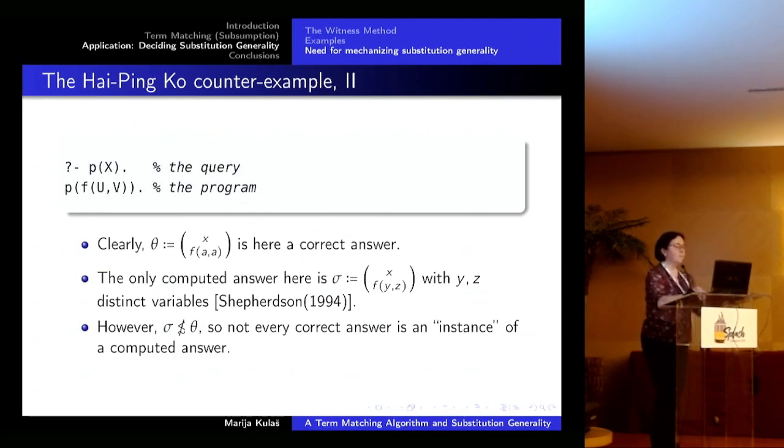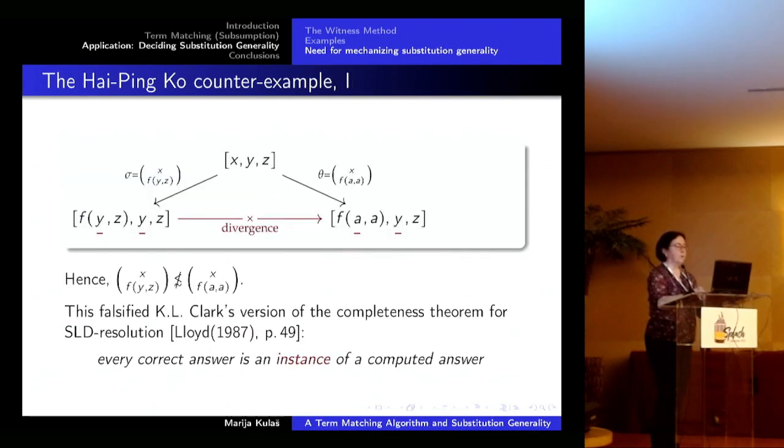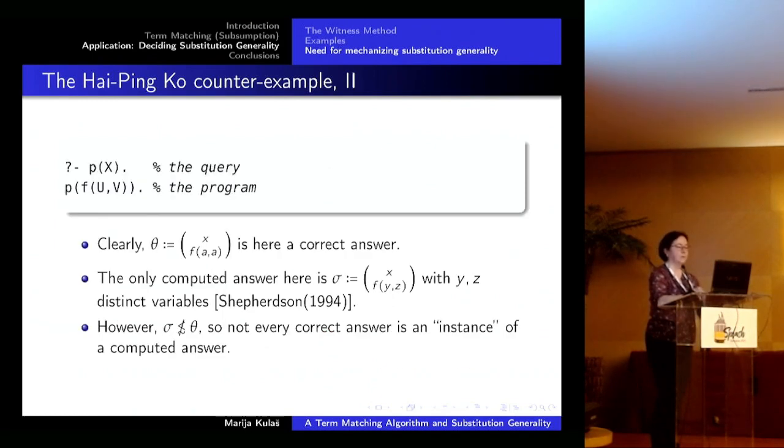But a correct answer can also be x to f(a, a). And as shown by Hyping Cole, these two are not in the generality relation. It's also shown here with the witness term method that we have divergence, so it's not possible.